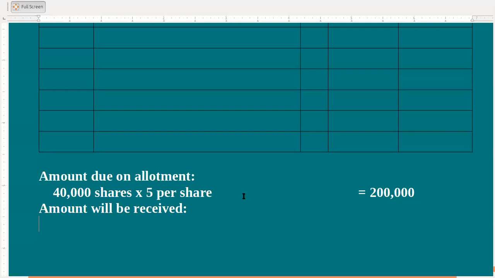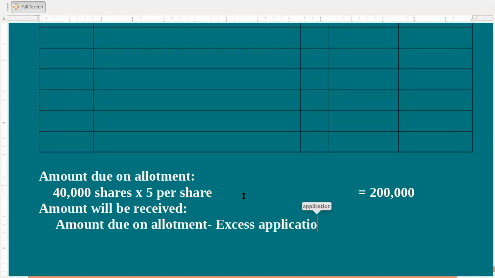It means amount due on allotment minus excess application money.